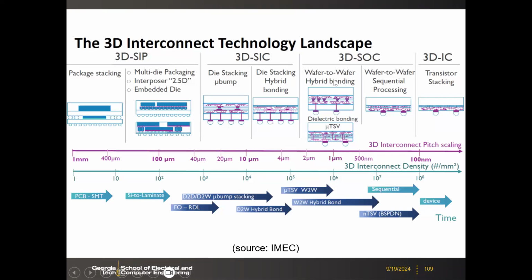And here we are looking at, for example, die stacking versus wafer to wafer bonding. Wafer to wafer bonding will give you even smaller pitch, because it's more difficult if you already cut your wafer into small dies and do die to die bonding or die to wafer bonding, then the alignment is more challenging. That's why the pitch is larger, maybe a few micrometers, even with the same hybrid bonding approach.